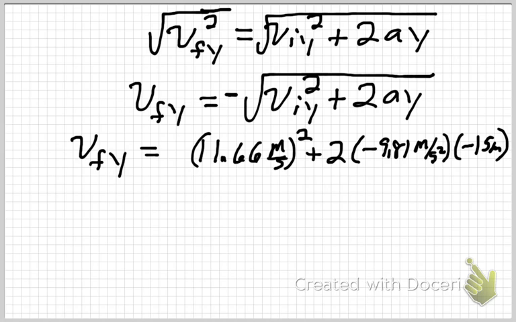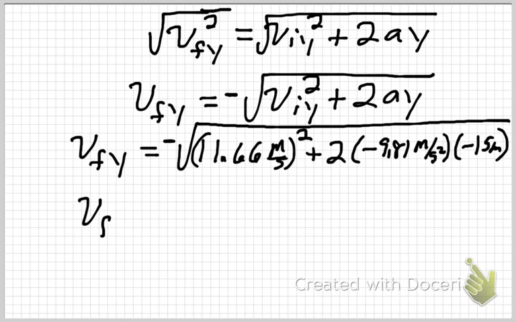Squeeze that in. Take the square root of all of that and make sure I take the negative root. So my velocity final in the y direction, and when you do this, you watch your order of operations, will be negative 20.74 meters per second.